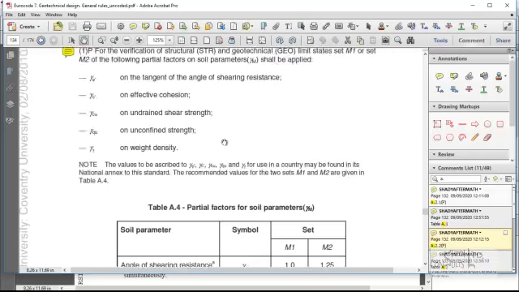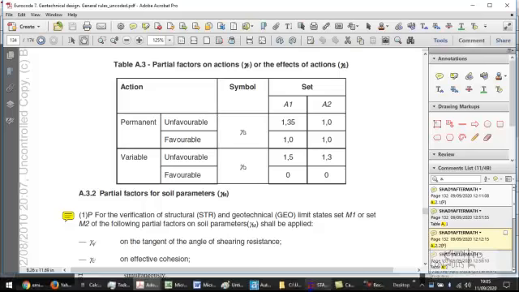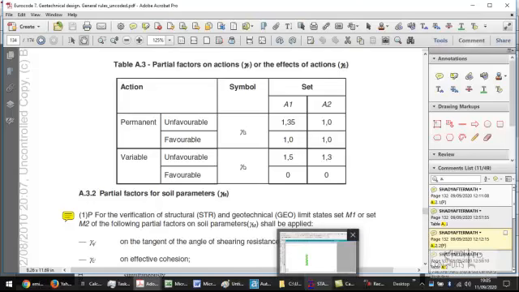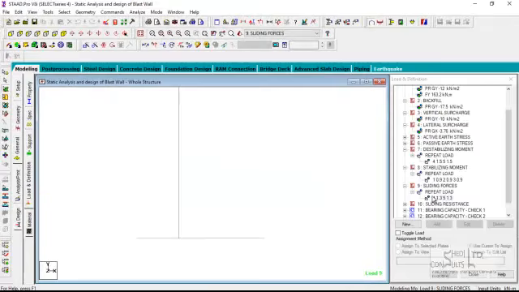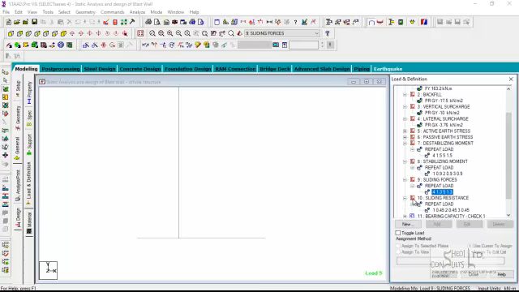The unfavorable variable forces, which are imposed loads, have a partial factor of safety of 1.3, because they are the actions causing sliding. The sliding resistance, which are the forces that resist sliding, is equal to the coefficient of friction times the normal reaction. So if you look at it, you have the coefficient of friction.